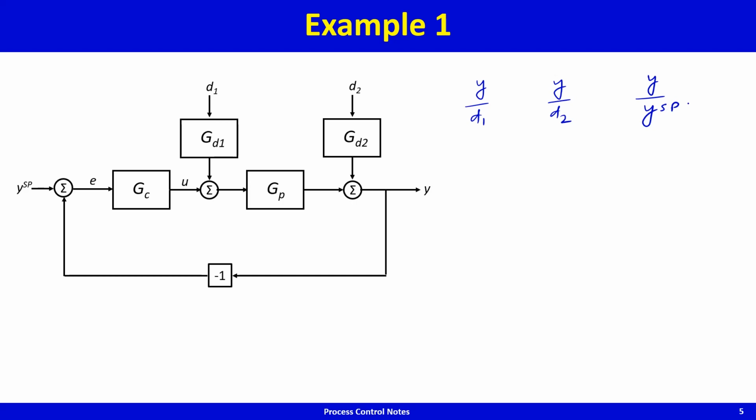So let's look at y by d1. What's in the forward path from the input to the output? GD1 GP.